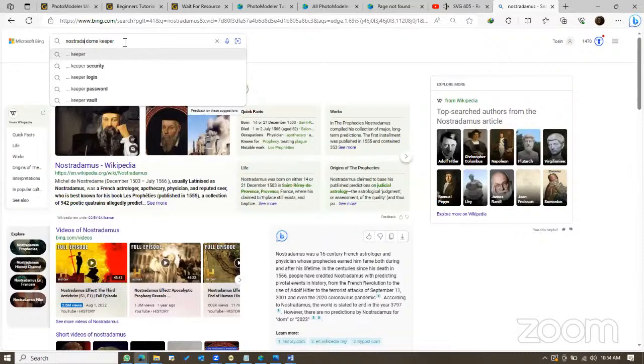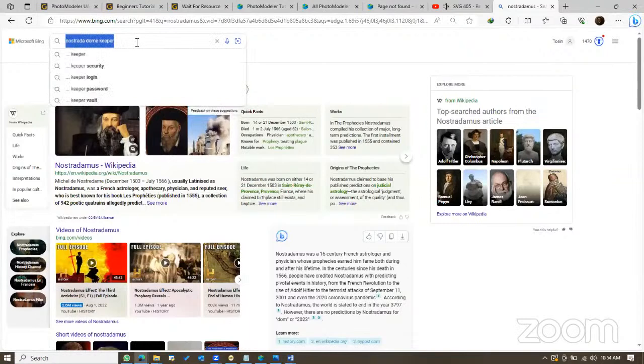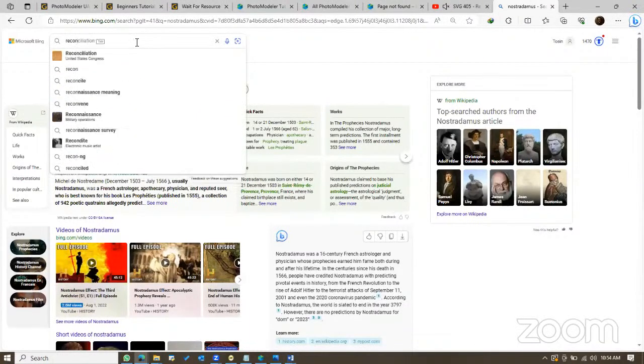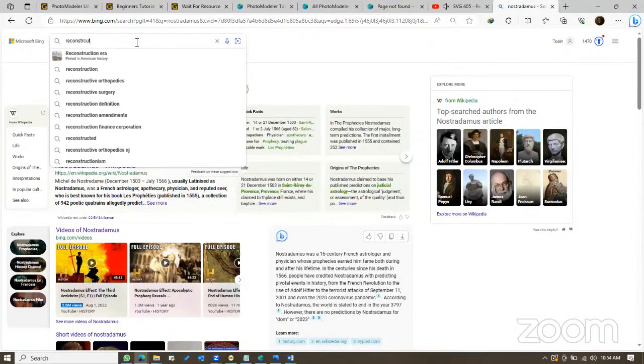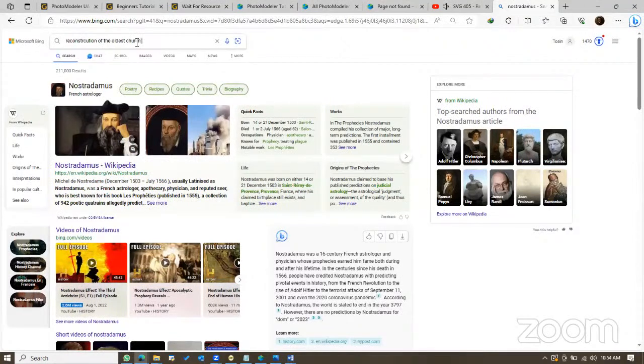There's a church in France, one of the oldest churches in France, that got burnt. It is Notre Dame, sir. Yes, Notre Dame.